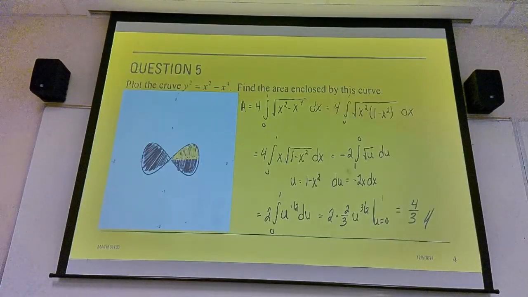And then there's an area formula using parameterizations, which is generally easier than this. Questions on area between curves?